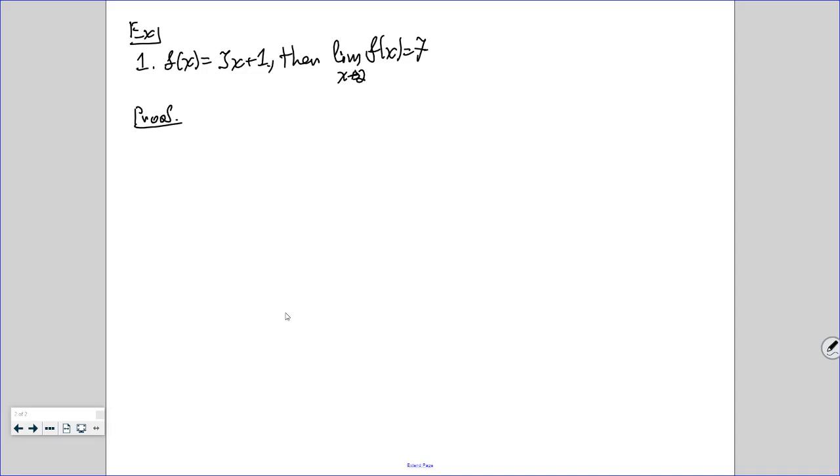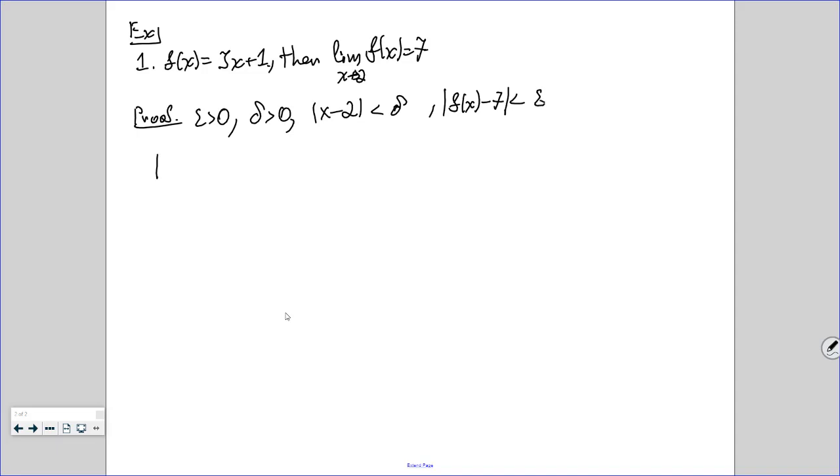We just directly use the definition. Suppose epsilon is greater than 0, and we need to produce delta greater than 0 such that |x minus 2| is less than delta, and we need to end up with the conclusion that |f(x) minus 7| is less than epsilon.